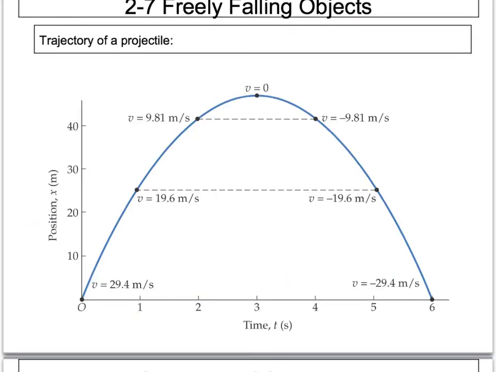Any projectile follows a parabolic path like so, where velocity points along the path, and as you know, the upward velocity gets smaller.